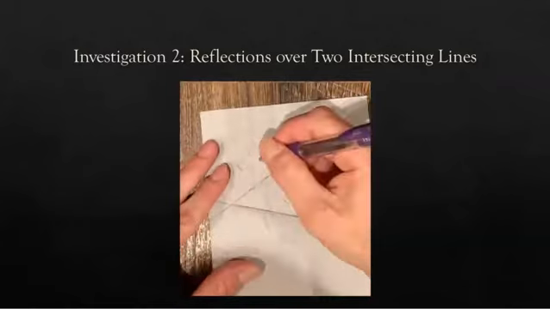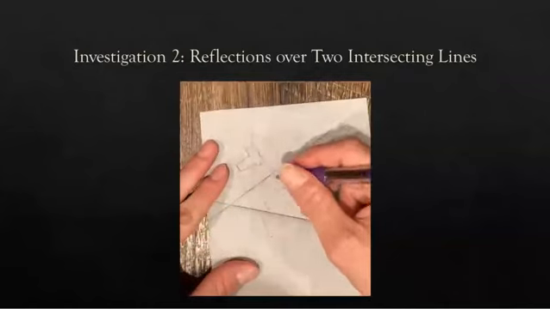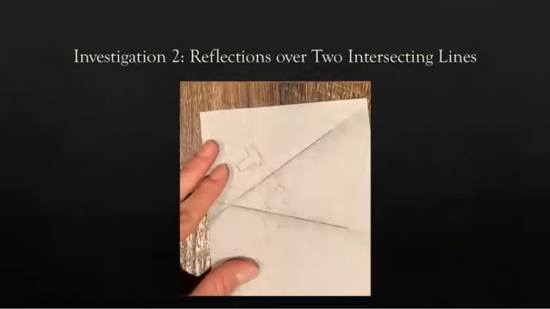And we're going to look and see. It appears to be a rotation. And how does this angle of the reflection lines compare to the angle here for the rotation? Measure with your protractor to find out.